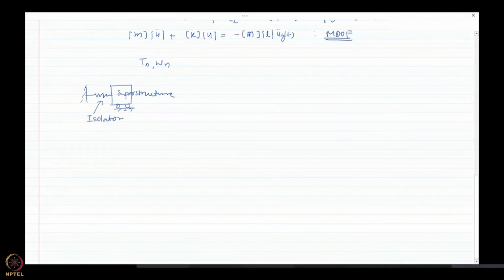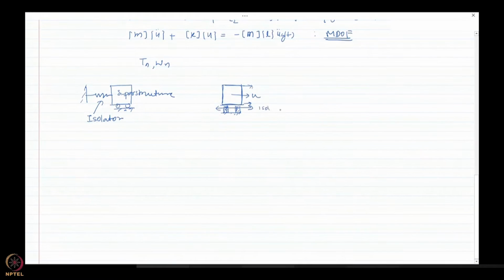Although I'm drawing it horizontally, this is a spring mass system. In reality, you have a base isolated building with multiple isolators, and we assume the superstructure to be almost rigid. This is a single mass, and because it is rigid, whatever displacement you take here, the same is the displacement here. So let us assume the displacement as u, and that to be the degree of freedom for this base isolated structure, and the horizontal stiffness is the stiffness of the isolation layer.